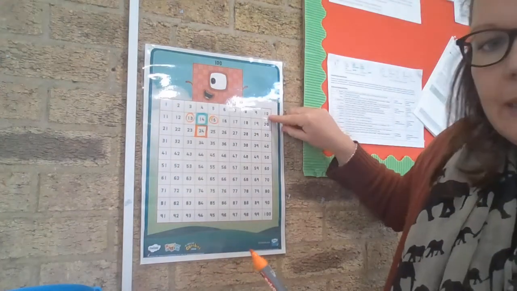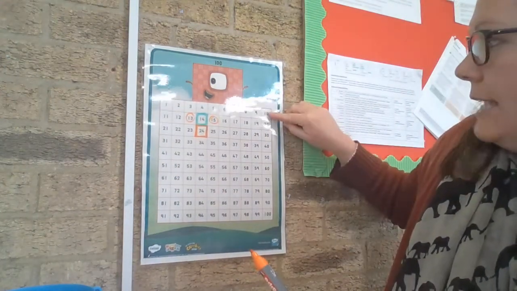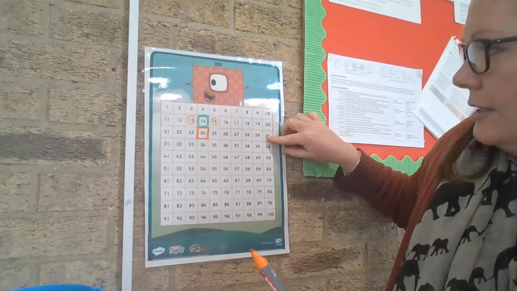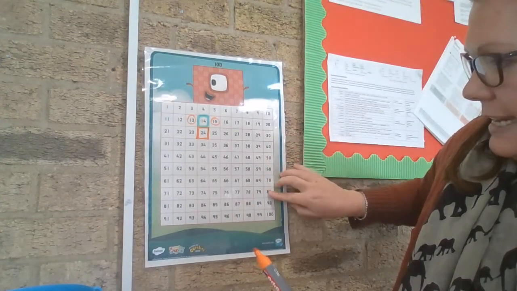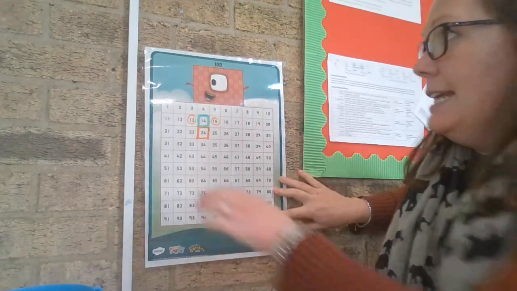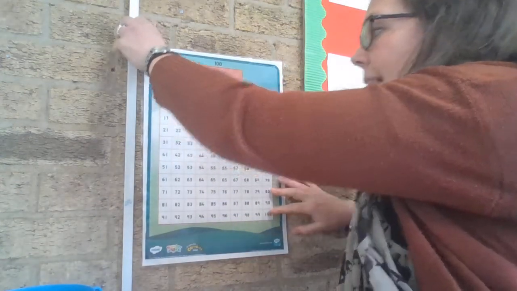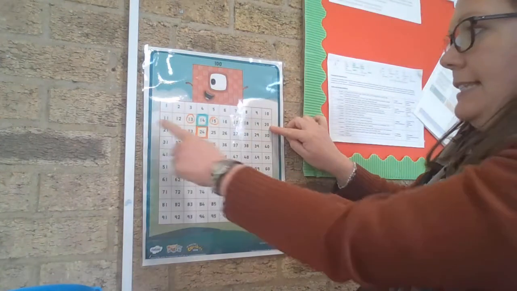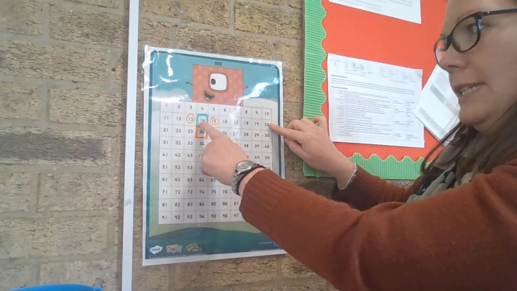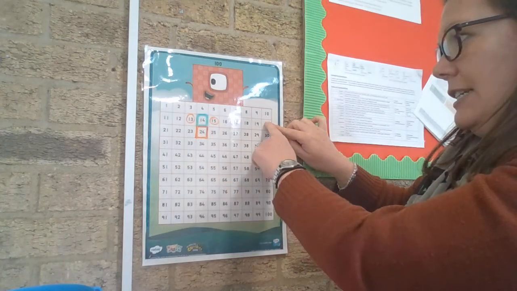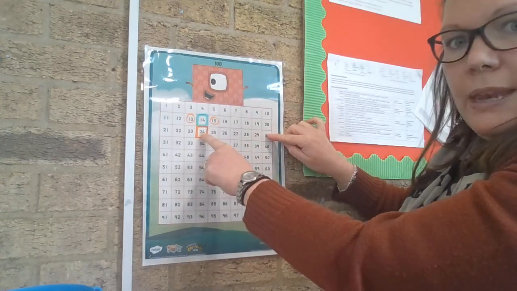Can you see down the 10 column? 10, 20, 30, 40, 50, 60, 70, 80, 90, 100. Each time I jump, I'm jumping a 10. So I could think that 14 add 10, I just need to jump a 10, it would be 24.